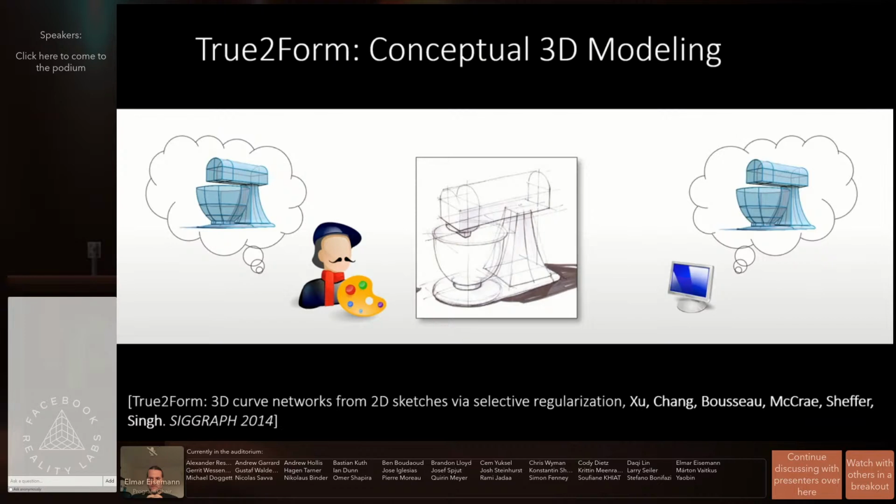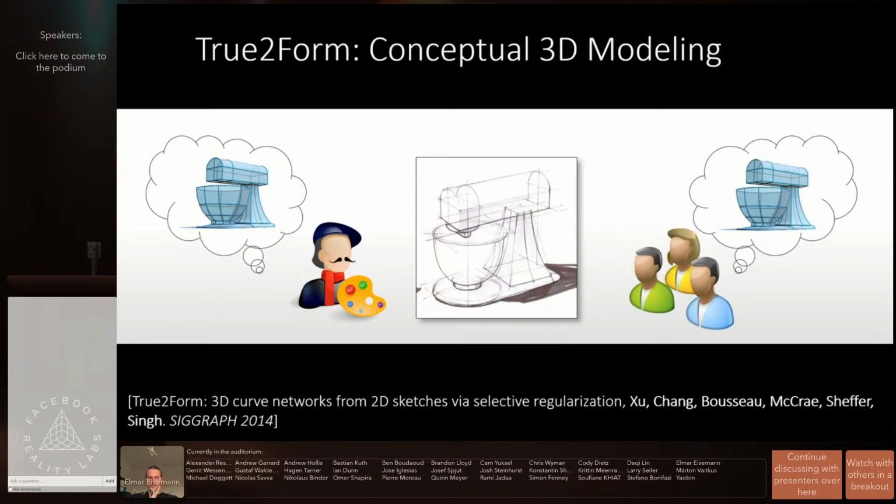Given these 2D curve sketches, we now want to algorithmically reconstruct a 3D model. But not just any model. We want to recreate the model that humans perceive, which we assume is the same model that the artist intended to communicate. The answer to this lies in art and design books that teach artists what descriptive curves to draw and why.